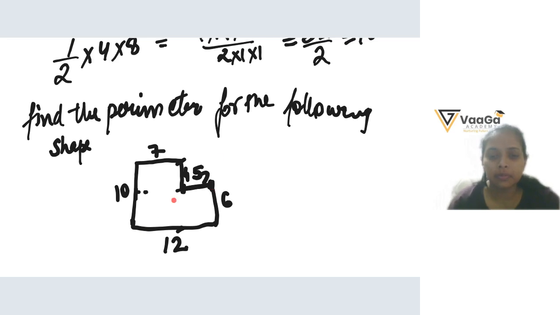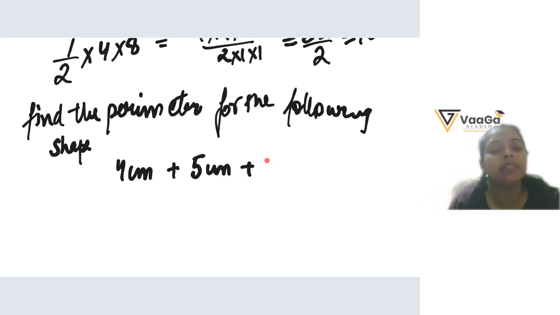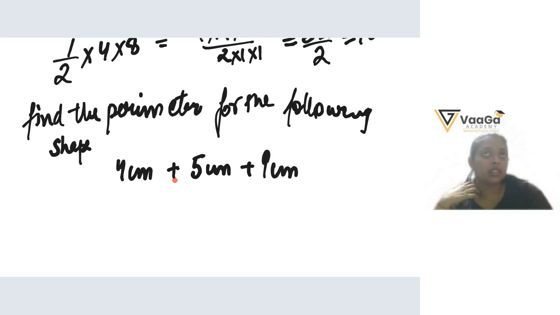Ma'am, but I don't understand why we don't put centimeter square in perimeter. Okay. See, when I'm calculating the perimeter, I'm just adding all the sides. Let's say this is a triangle, I'm just adding all of its sides.